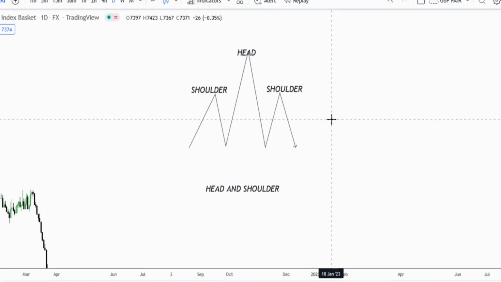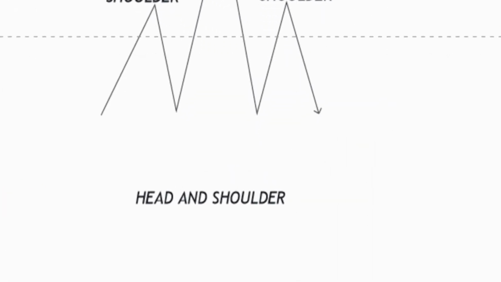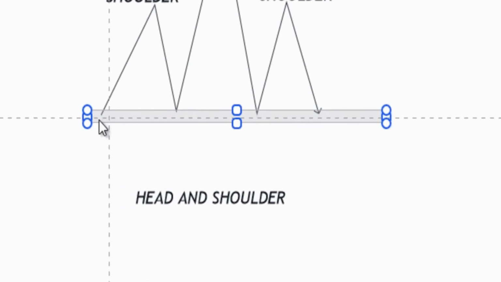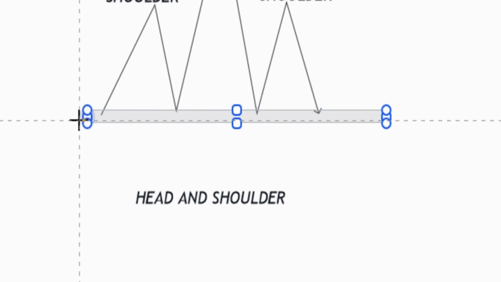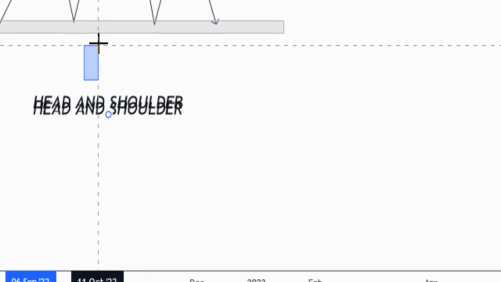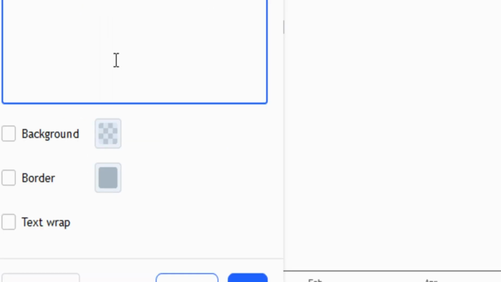Just like other patterns we've talked about, the double top and the double bottom, we also have a neckline here.